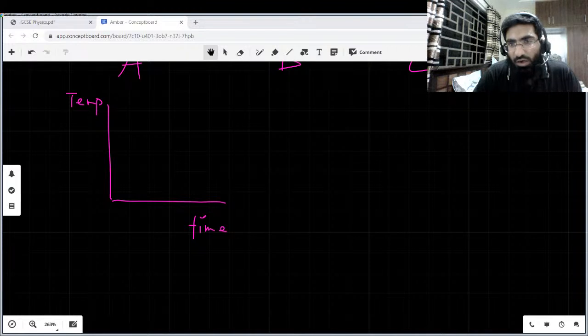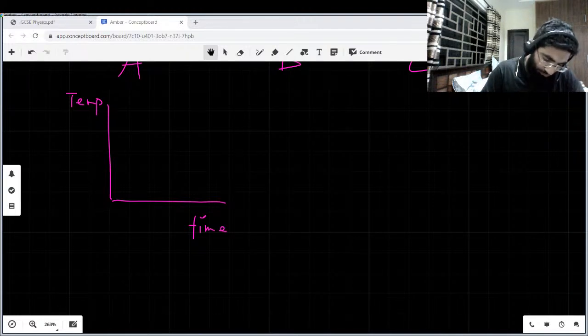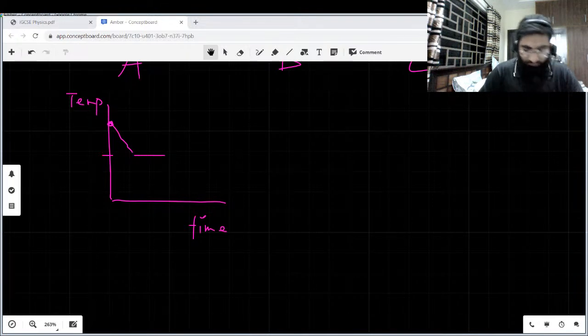A liquid which is cooled down to solidify, as time passes, loses heat until it reaches a certain temperature. Then for some time the temperature becomes constant and then it starts dropping again.